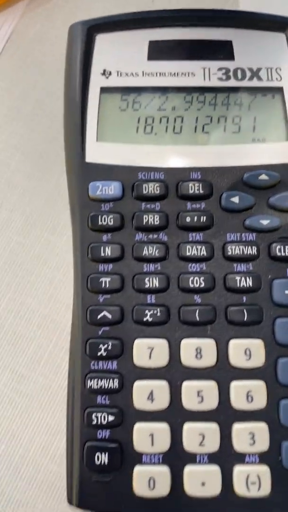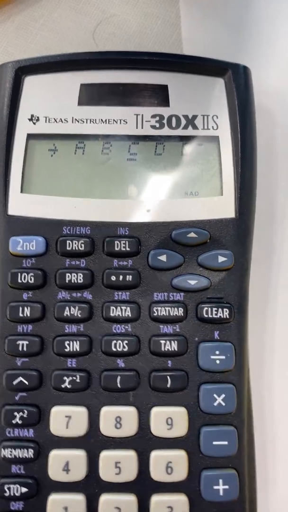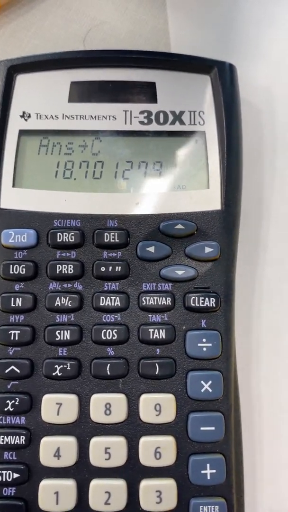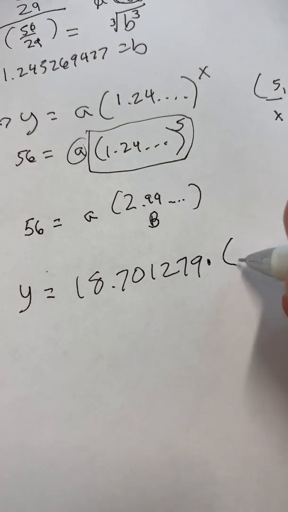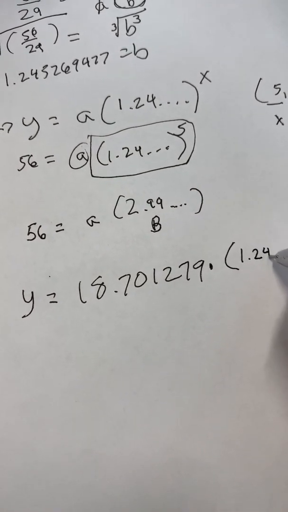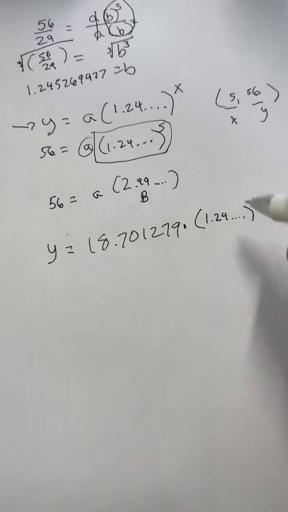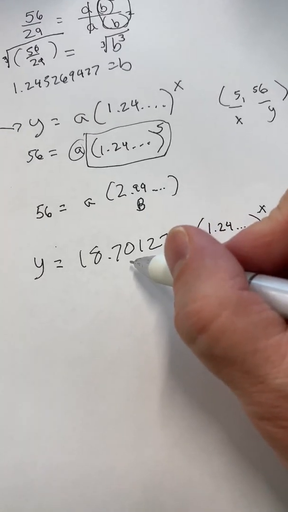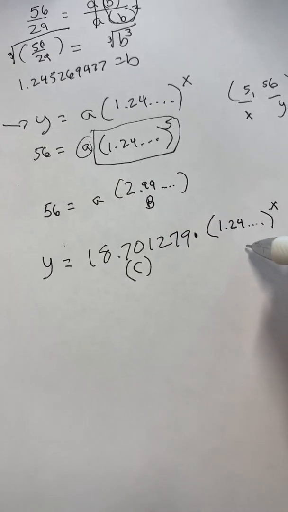18.701279, and if I really wanted to, I could store that as c just in case if I needed it later. And then it's times, remember that 1.24 guy? Dot, dot, dot, dot, dot, to the x. That's my function. Just notes to self, this is in my calculator, stored as C. This is in my calculator.